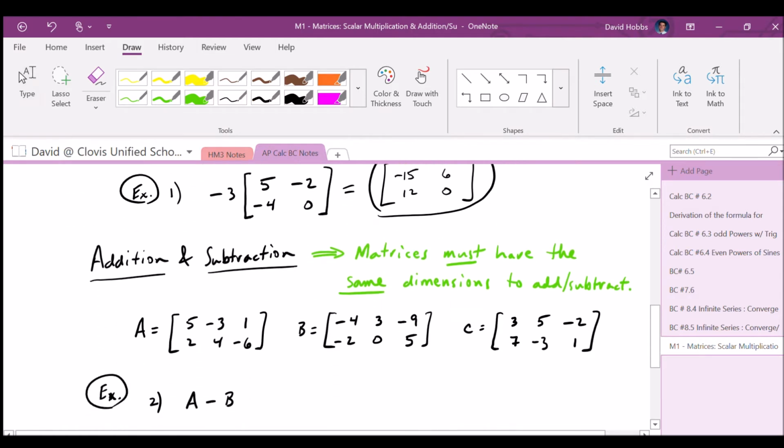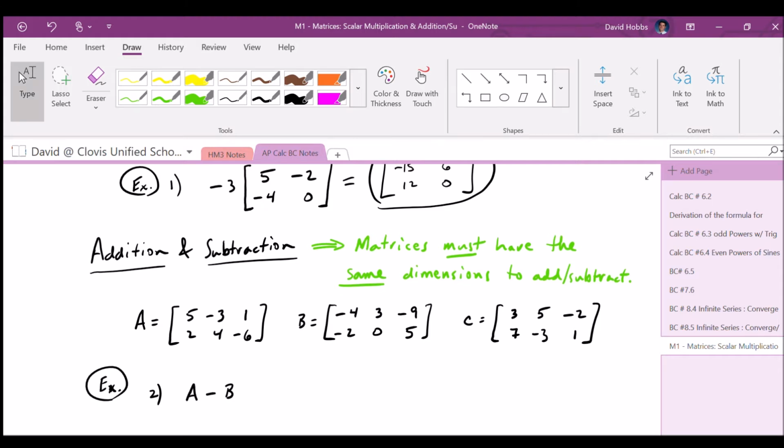Addition and subtraction. Subtraction is just adding the opposite. But to be able to add or subtract matrices, the matrices must have the exact same dimensions. If they do not have the exact same dimensions, then you cannot add or subtract those matrices.